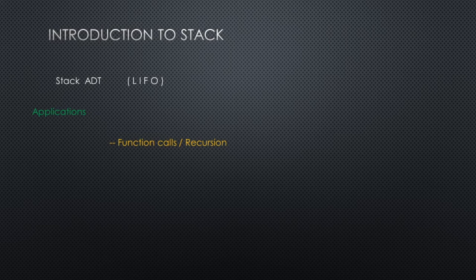Another application that uses stack is we can use it to implement undo operation in an editor. Right now, I am pressing Ctrl Z to undo. And you can see the text is being erased. You can implement using this stack.